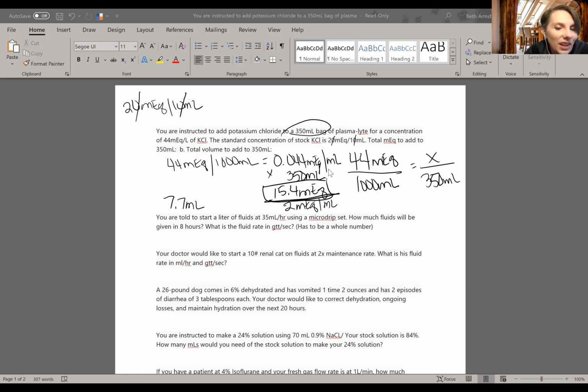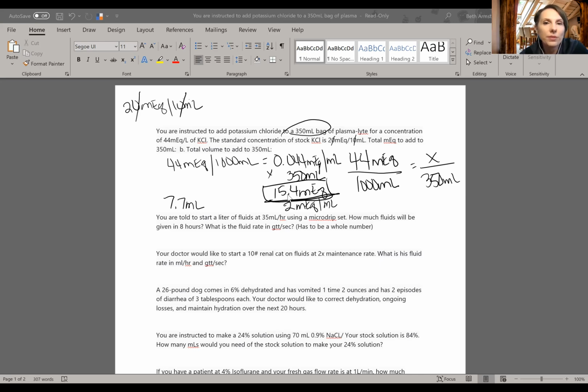Yes, I know. Milliequivalents, we try to get out of our brains. People say it's just like milligrams. I mean, it's a unit of measurement, yes, and we treat it a lot of times like it would be milligrams, but it is different because this is an electrolyte.